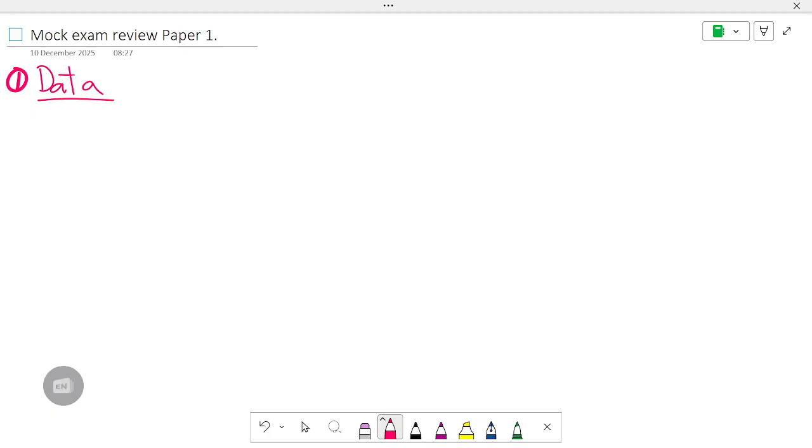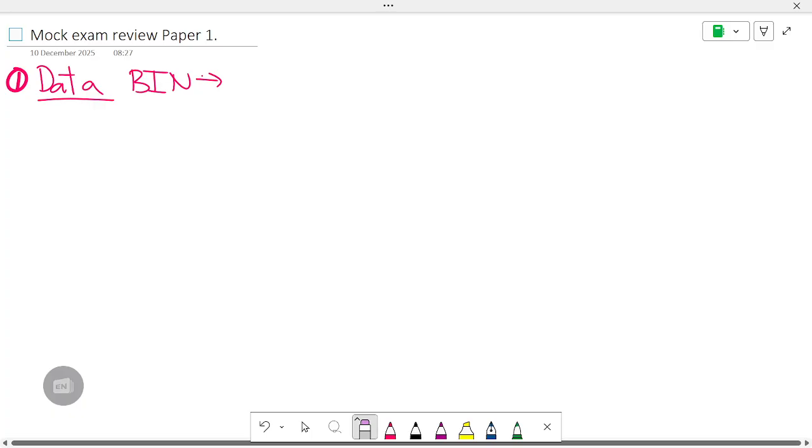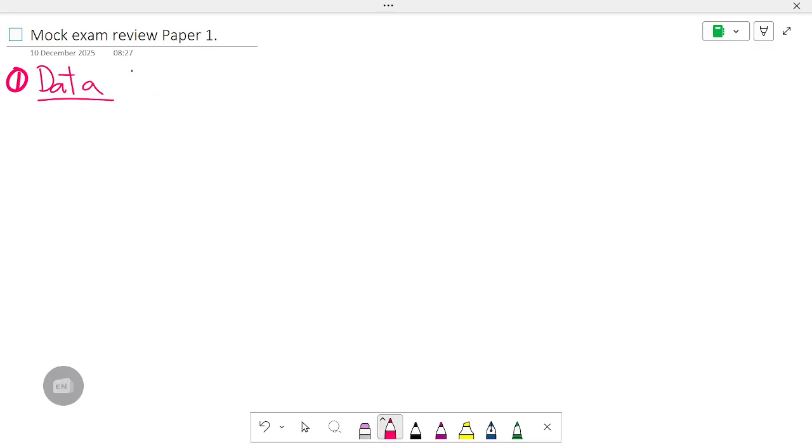Now, what you have to be able to do with data is go from binary, or I guess, it's going to be denary. We start in the human language, denary or decimal, to binary to hex.